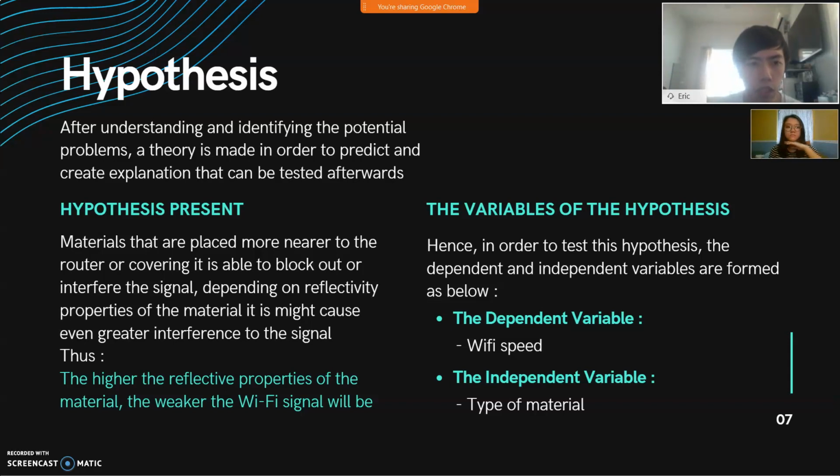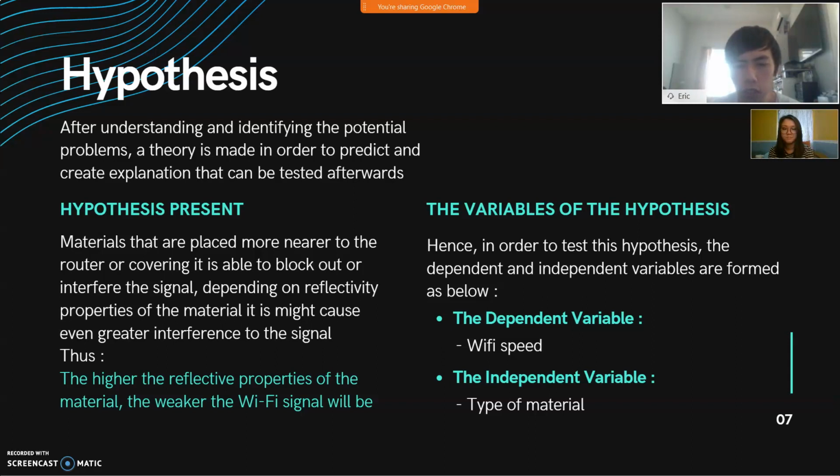With our hypothesis, materials placed nearer to the router block Wi-Fi signals, which is dependent on the reflectivity properties that the material has, and which might even cause greater interference to the signal. In short, the hypothesis is: the higher the reflective properties of the materials, the weaker the Wi-Fi signals will be.